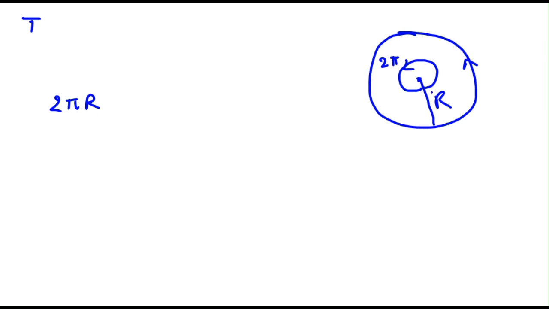If we are talking about its angular position, it has shifted by an angle of 2 pi in one complete revolution. So the velocity is 2 pi r by the time taken to complete one revolution, and its angular speed will be 2 pi by T.